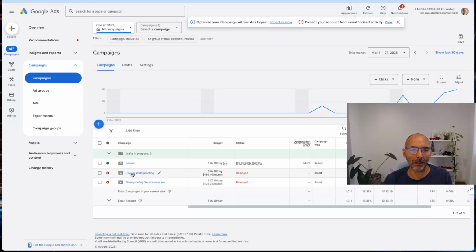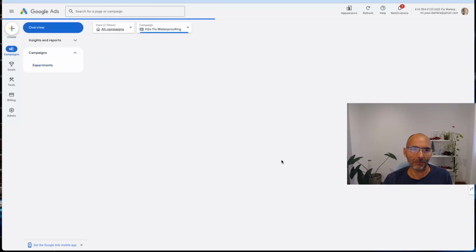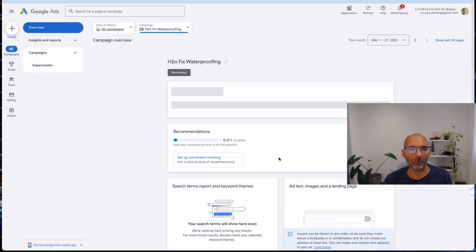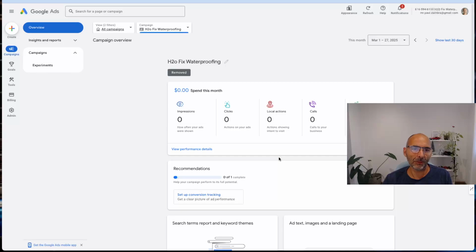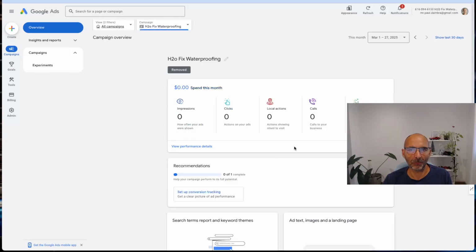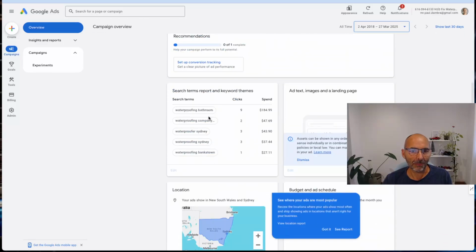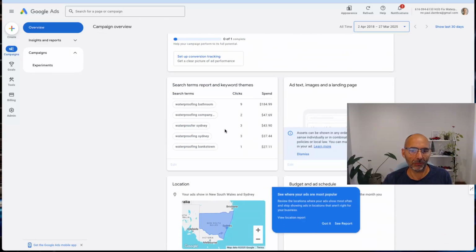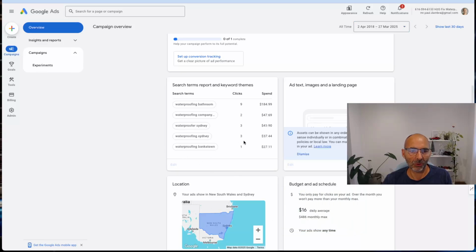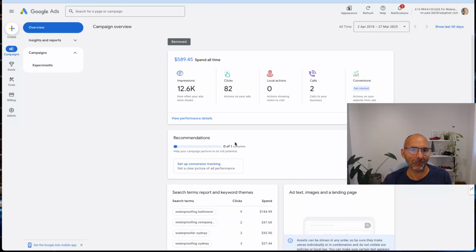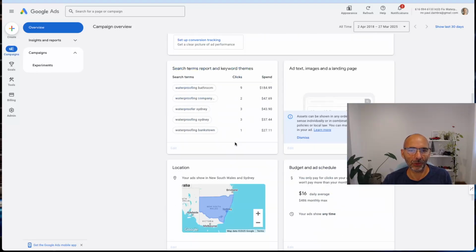These automated campaigns look easy, but you're relying on Google to figure out what may or may not be relevant for your business. And so the challenge here is you can end up with all sorts of phrases or things that may or may not be relevant to what you do.